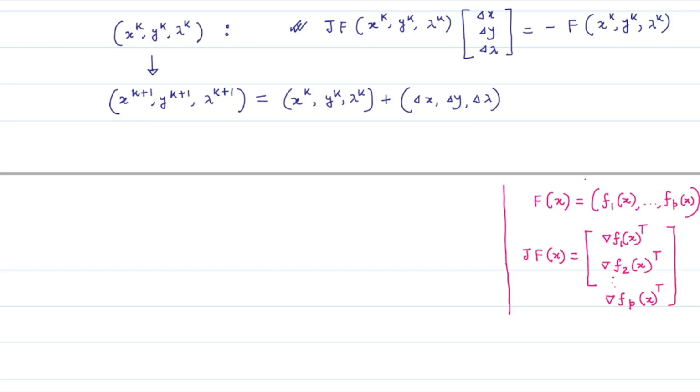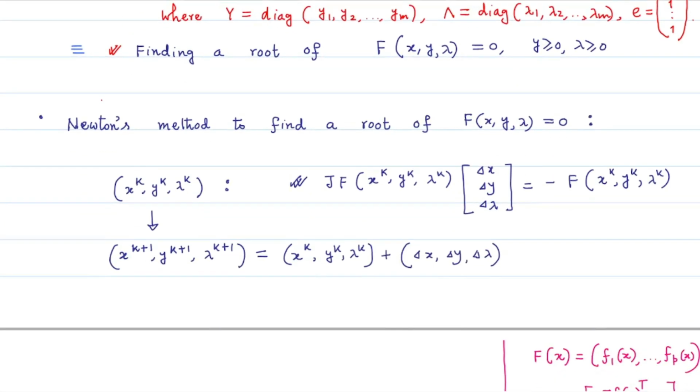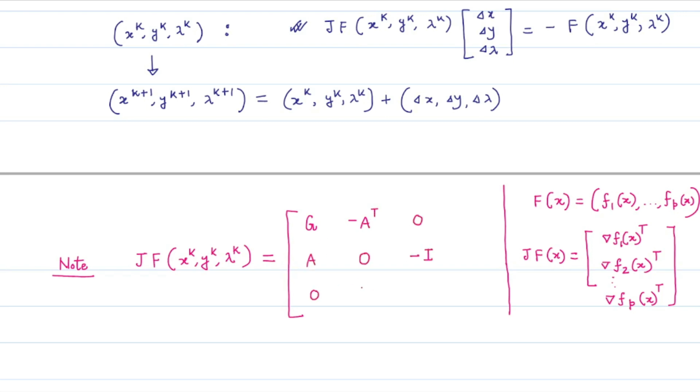Now here for this function capital F, which is given by this expression, the Jacobian will give us the matrix, this matrix where this capital Y has to be evaluated at these vector yk.